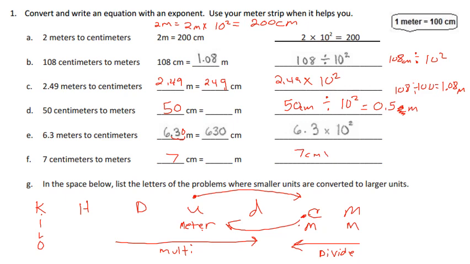We want to go to meters, and we're going from centimeters to meters, so that's going to be a division problem. And it's 2 positions, so that's 10 to the second, which is 100. So if I take 7 centimeters, and I've got my decimal there, and I have to move 2 positions, 1, 2. So that would be equal to 0.07.